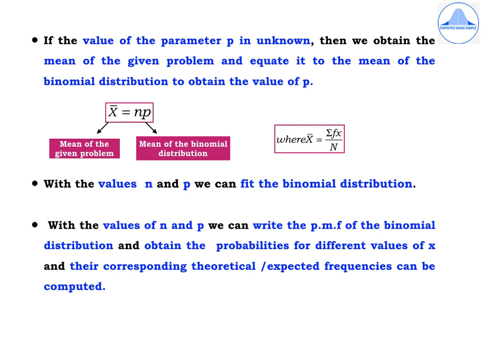Once you have identified the values of n and p, we can fit the binomial distribution. So the first step would be: list down small n, p, find out q which is equal to 1 minus p, and also write down capital N value.